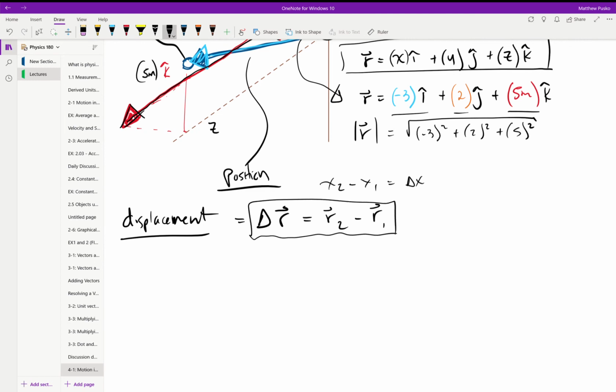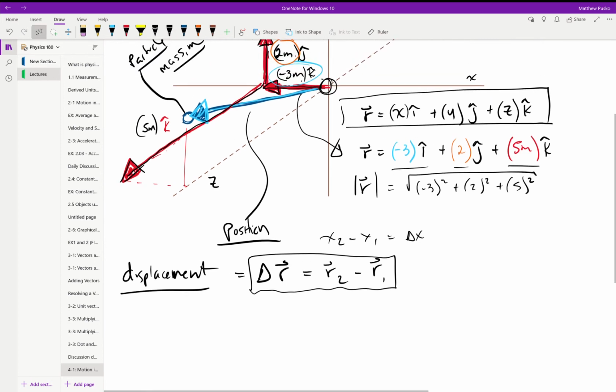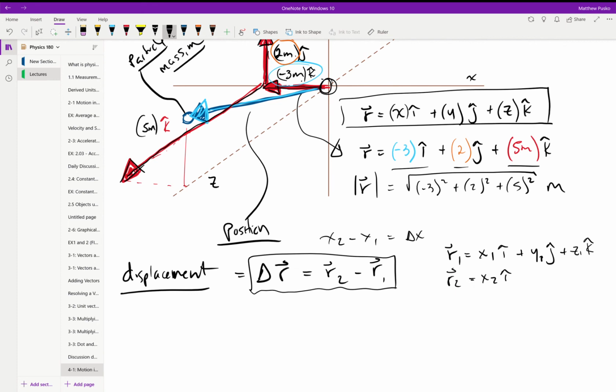And if we had some vector, let's say if r1 points to some x1 in the i direction, plus, that's a meter, some y1 in the j direction, plus some z1 in the k direction, and we had some r2 equal to an x2 in the i, and a y2 in the j, and a z2 in the k direction.